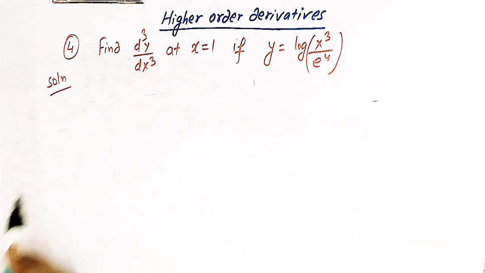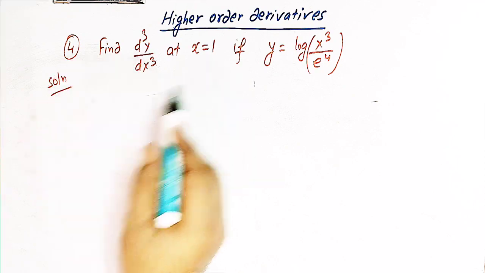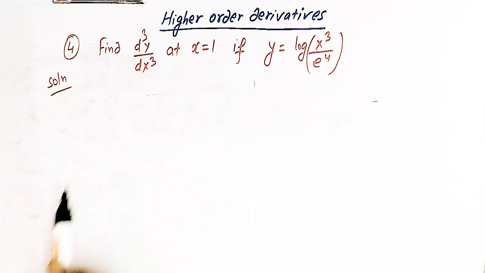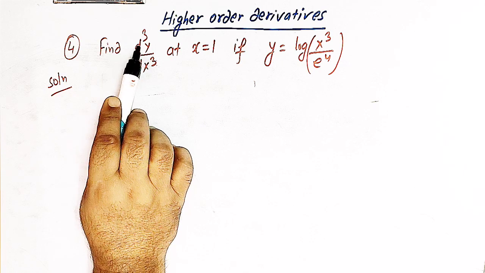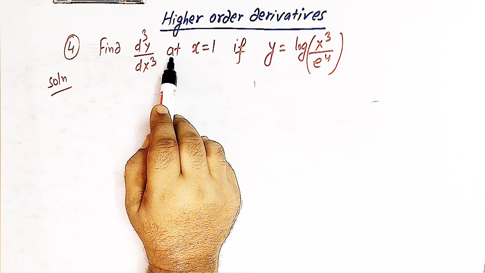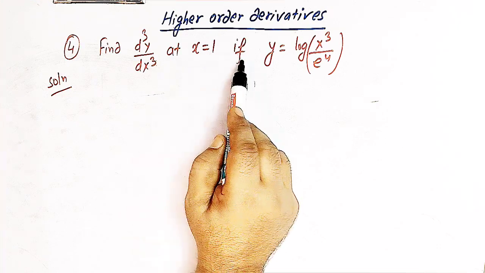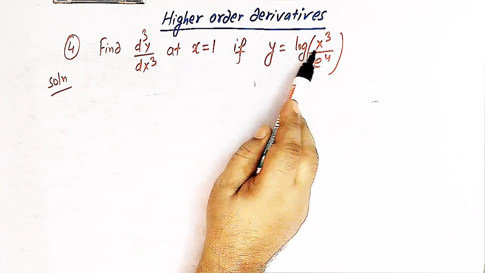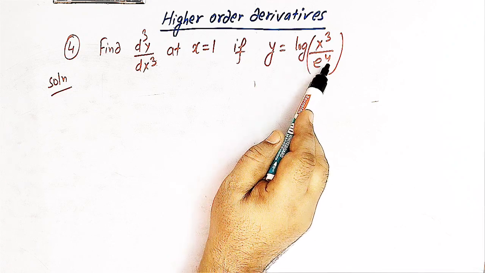Now let us consider this fourth problem. This is also a very important problem, and we have to find the third derivative, d3y over dx3, at x is equal to 1 if y is equal to log of x cube over e raised to 4.